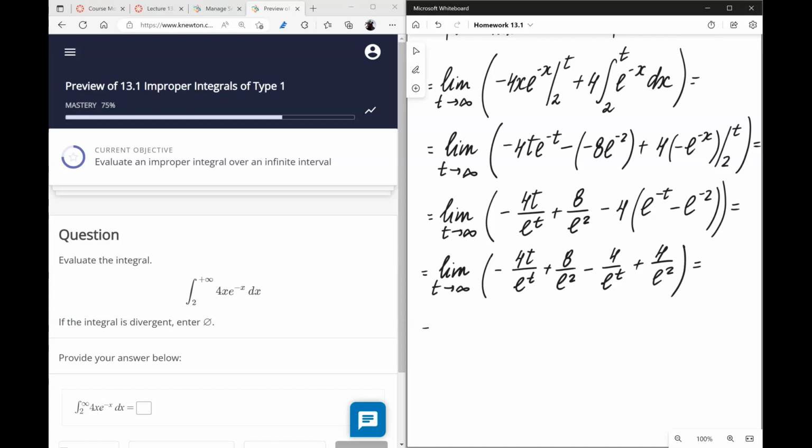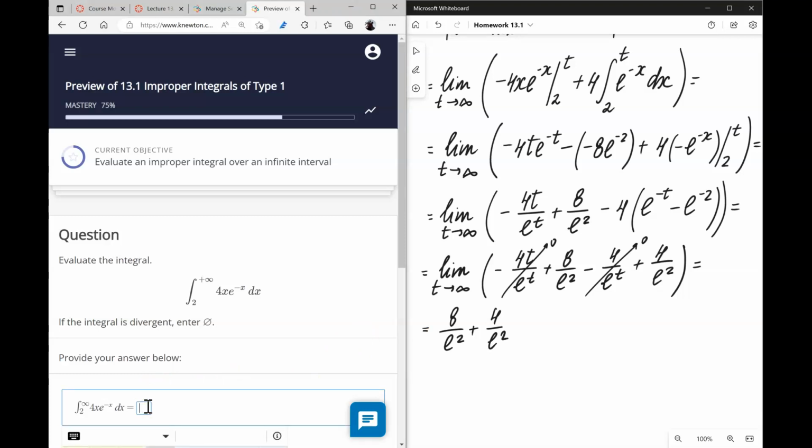And it shouldn't be too hard to see that this goes to 0 as t goes to infinity, and this goes to 0 as well, and we can show that using L'Hopital's rule. So the final answer is 8 over e squared plus 4 over e squared. I guess those can be added, actually. Right, 12 over e squared.